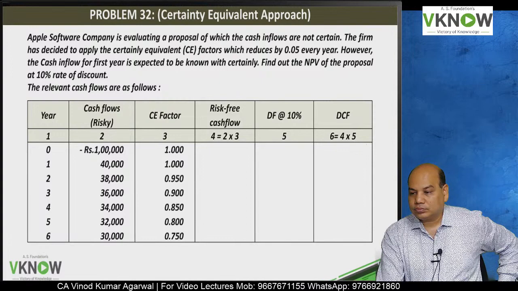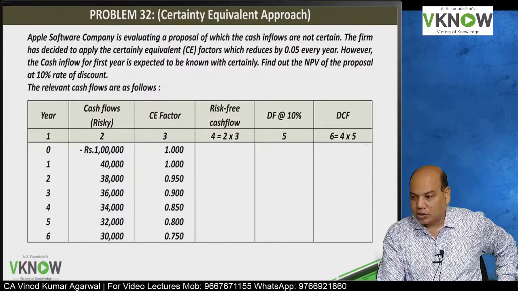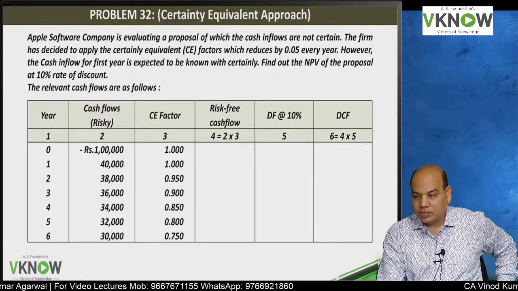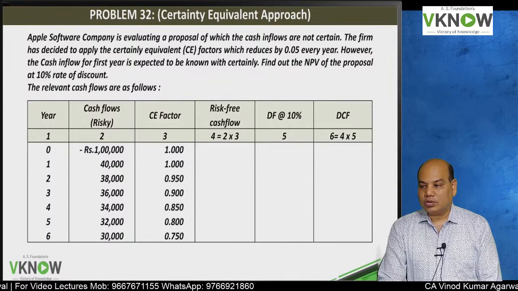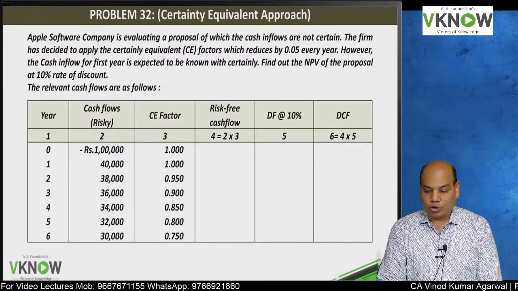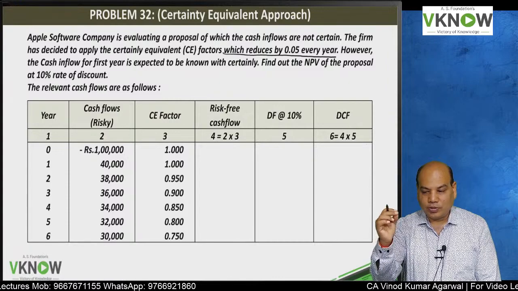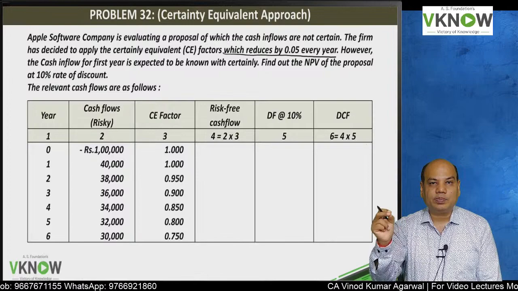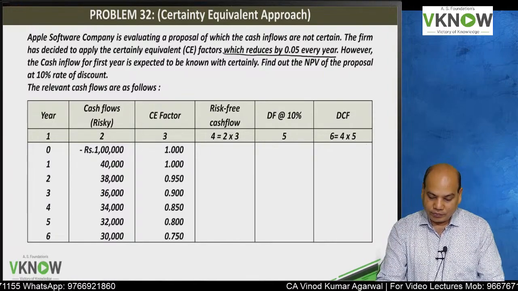It says Apple Software Company is evaluating a proposal of which the cash inflows are not certain. The firm has decided to apply the certainty equivalent factor, which reduces by 0.05 every year, which means it will be 1 in the year 0, but it will keep on reducing by 0.05, so it will become 0.95.